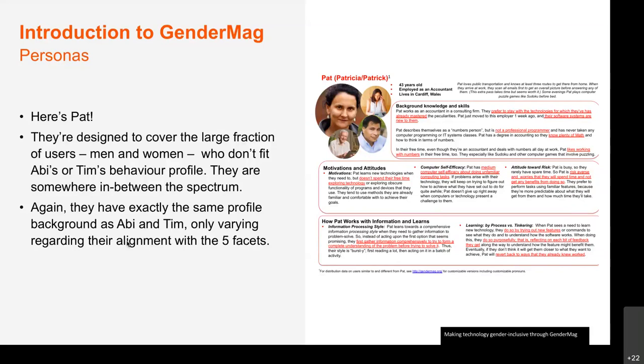So we call this the white male effect. White males tend to be very much less risk averse than, say, Black men or Black and white women. So while we haven't embedded this into GenderMag, that is a really good question. We're also working on integrating intersectional aspects into our personas as we go along.